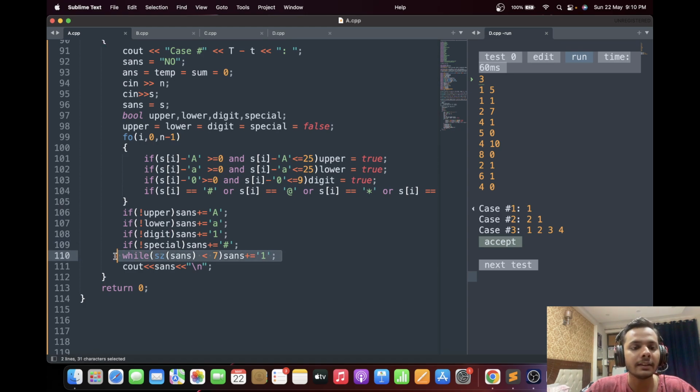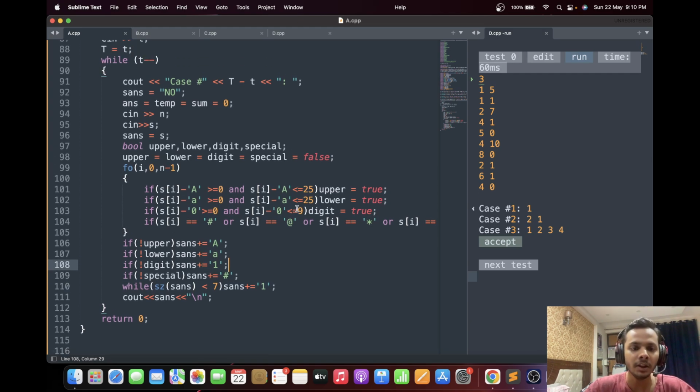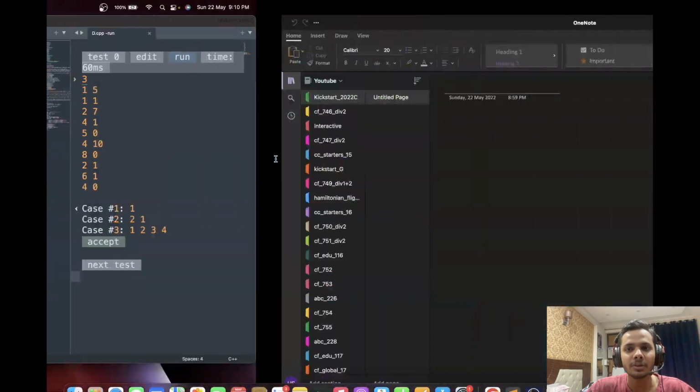And then while the length of the string is less than 7, we keep adding an arbitrary character. In my case this is 1. You can add any character of your choice, right? And that will be a valid solution, and it will definitely be a string of minimum length. Okay, so yeah, pretty intuitive, not much to talk about in this problem.